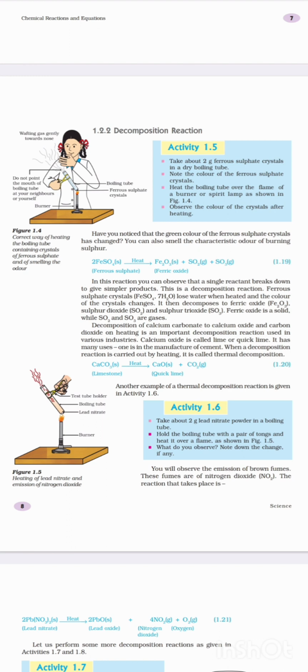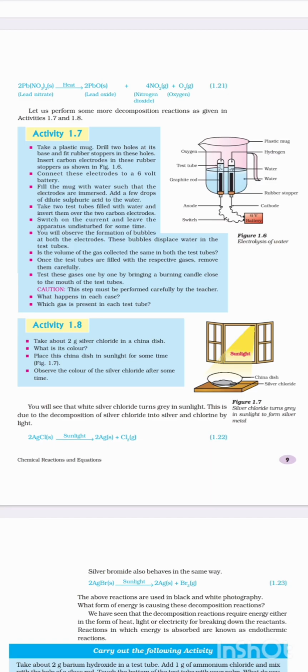Now let's see activity 1.7. This is an example of providing energy in the form of electricity. Take a plastic mug. Drill two holes at the base and fit rubber stoppers in these holes. Insert carbon electrodes in these rubber stoppers, as shown in the figure.